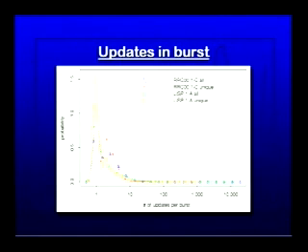As you can see, most of the bursts contain only a few updates, up to 10, but some bursts can contain more than 10,000 updates, and some have more than 1,000 different updates.